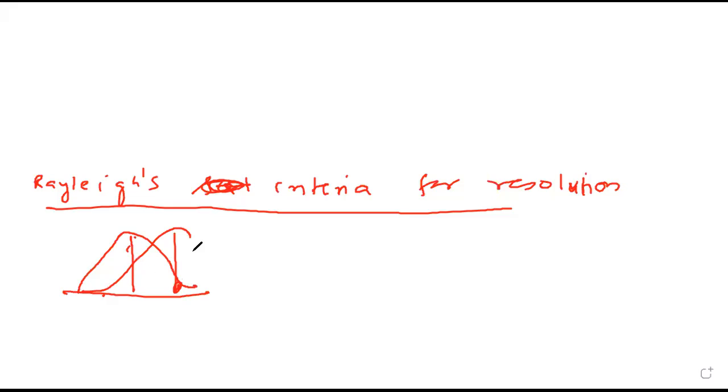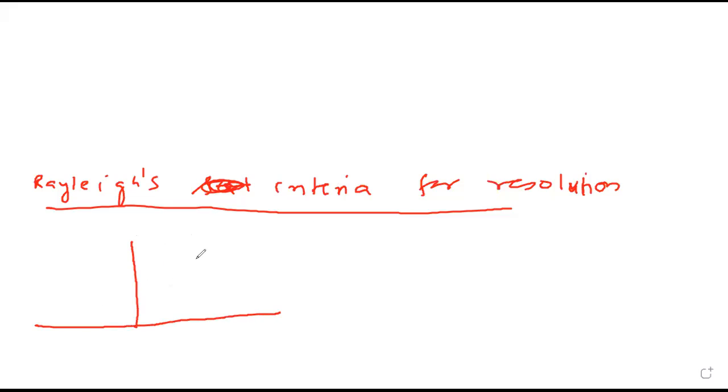Yes, sir. See, if I want to see two objects clearly, then at a time, if one is not showing any brightness in the vicinity, तो खाली दो एक का देख सकता हूं ना.